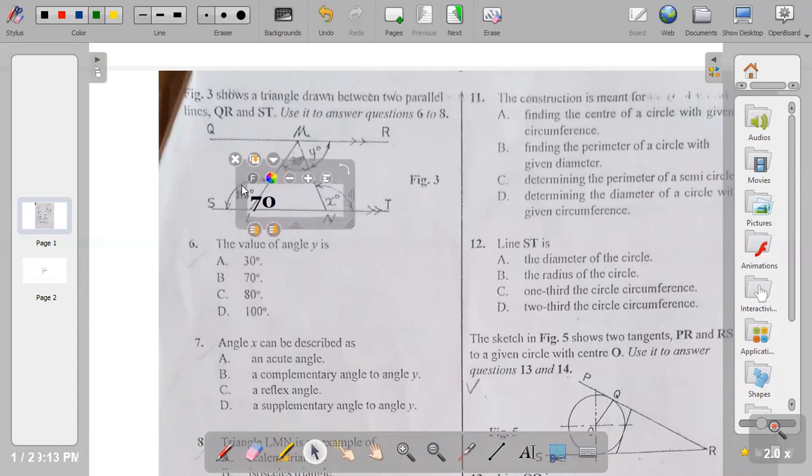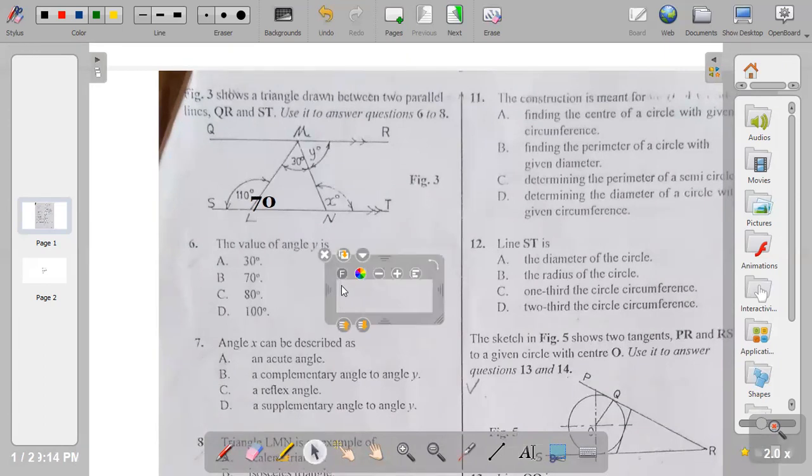Now 70 plus 30 gives me 100. Deduct 100 from 180, since the sum of angles in a triangle is 180. So I will have 80 degrees.